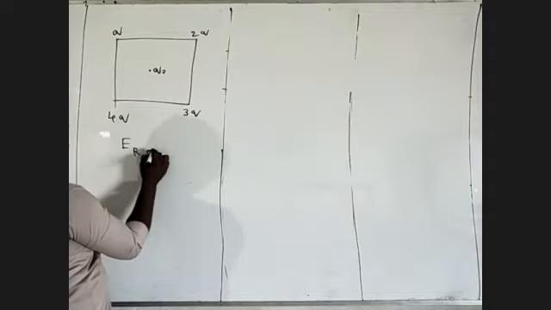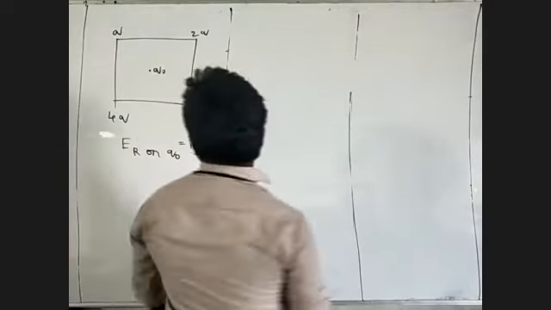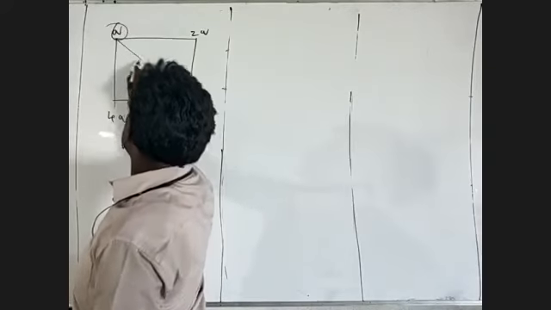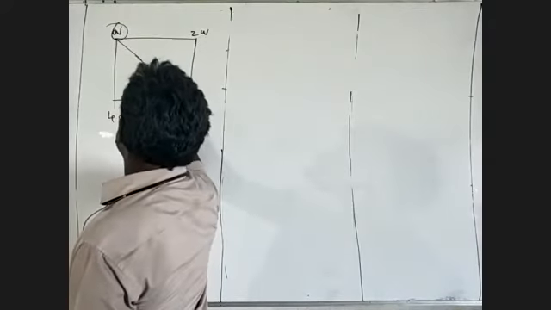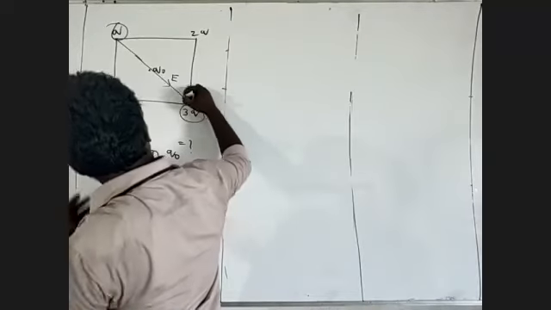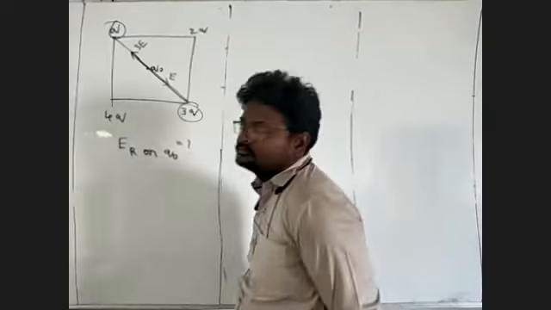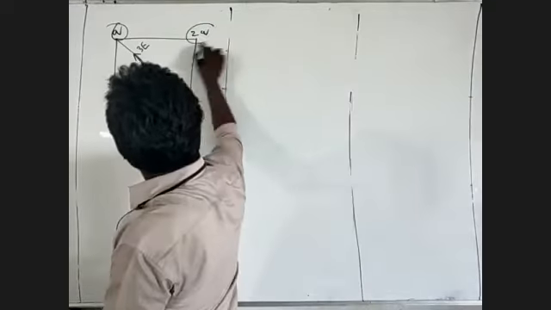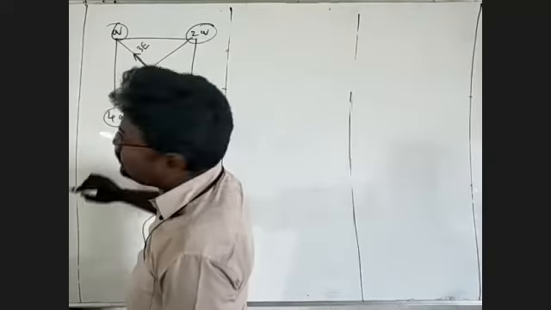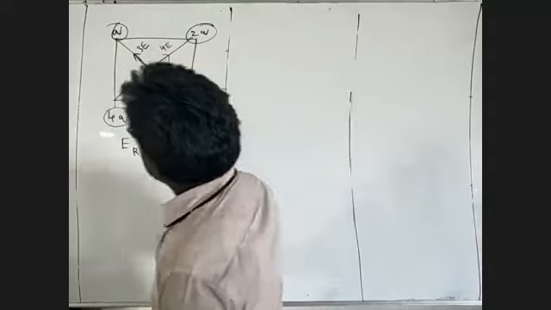The resultant electric field on Q naught is equal to question mark. Now you will see this Q will repel the charge in this direction, that is E. This 3Q also repels Q naught in this direction, that is 3E. This 2Q also repels the charge in this direction, 2E. This 4Q also repels the charge in this direction, that is 4E.